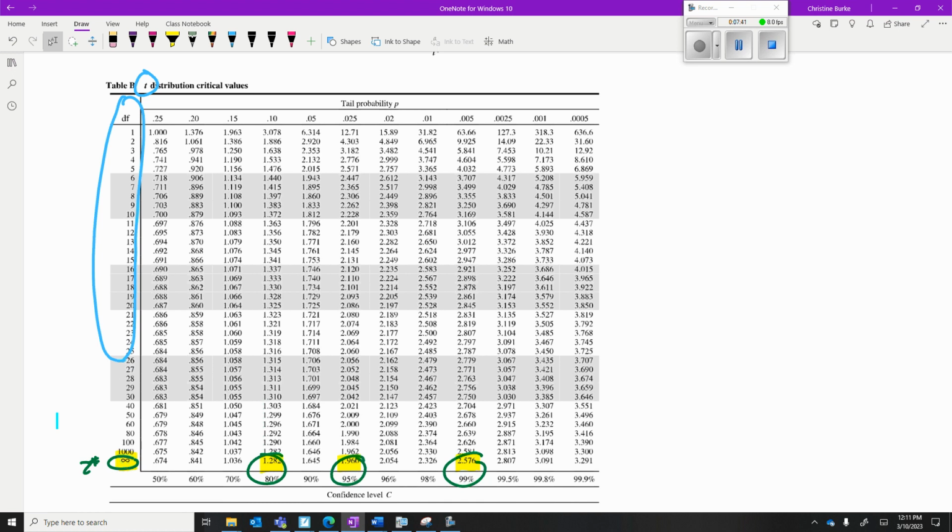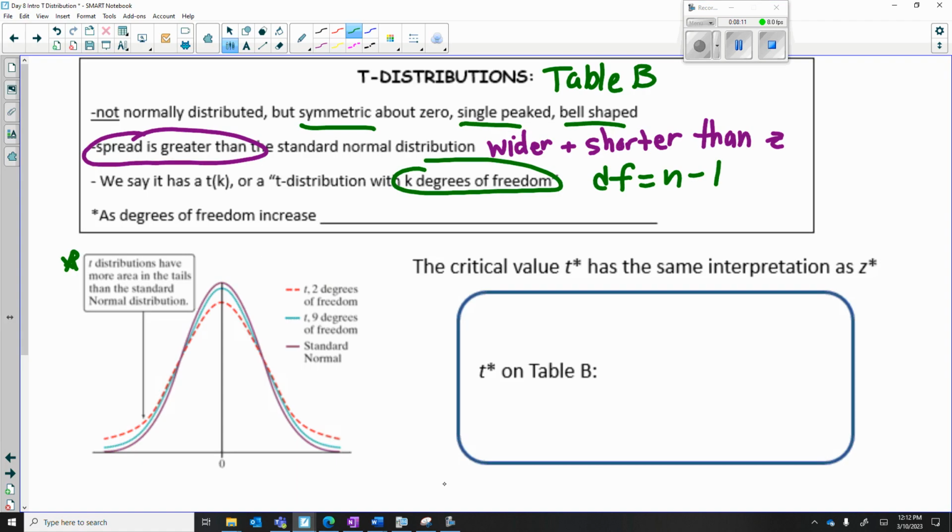And now let me explain what's going on here. Since the degrees of freedom is equal to the sample size minus 1, as the sample size increases, the degrees of freedom also increase, because that's just sample size minus 1. So as you increase the sample size, the t distribution gets a smaller and smaller spread, and it winds up approaching the z distribution.